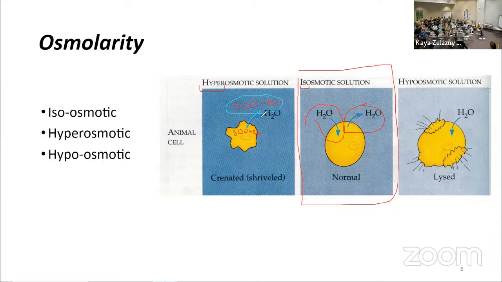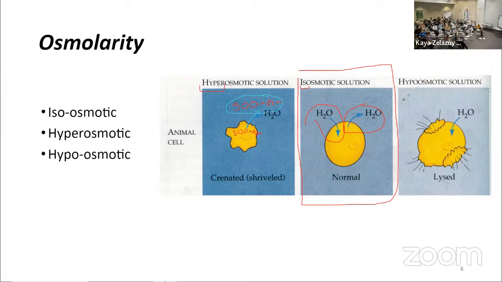So if you have water moving towards this area of high solute concentration, it's going to water it down. And if it could water it down enough, eventually you'd have equal osmolarity inside the cell and outside. So that's why water gets pulled towards this higher solute concentration.